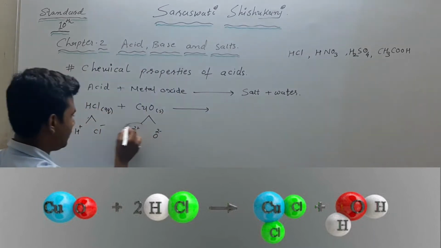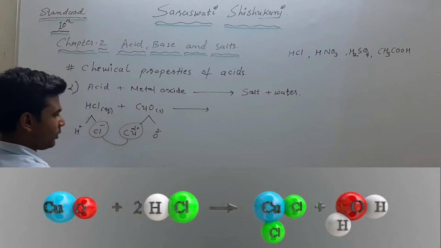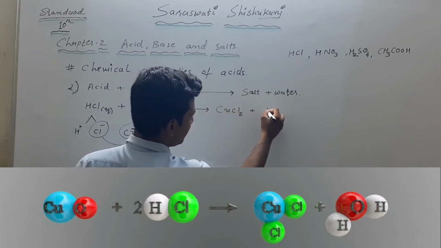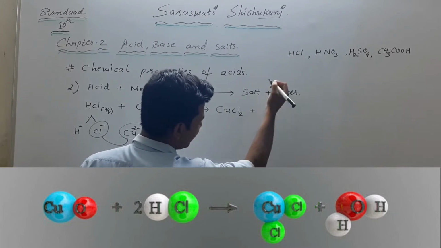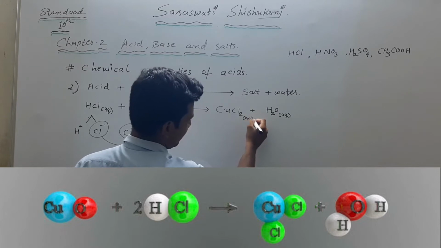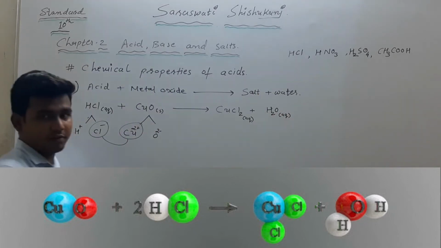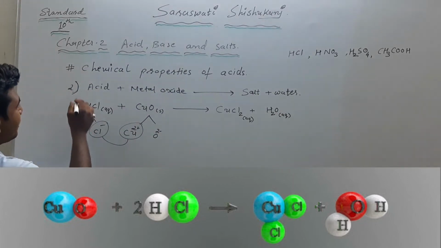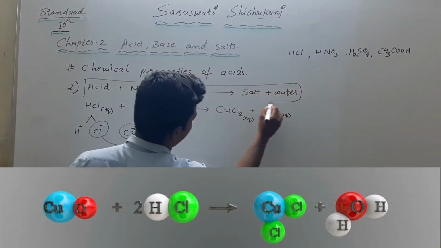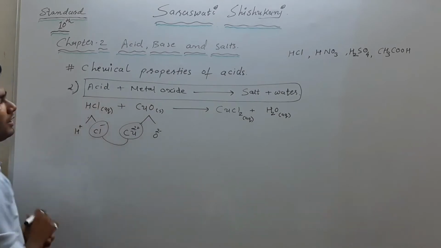So here copper will react with chlorine, which gives us CuCl2 plus H2O. Here you can also write it in the form of liquid, right? So when acid reacts with a metal oxide, it will give us salt and water.